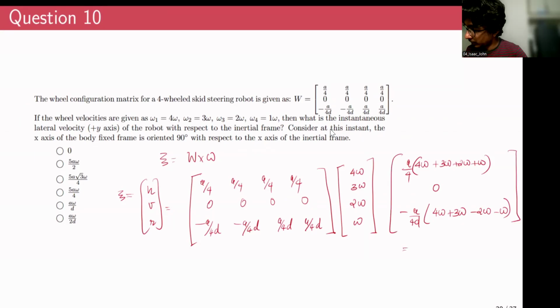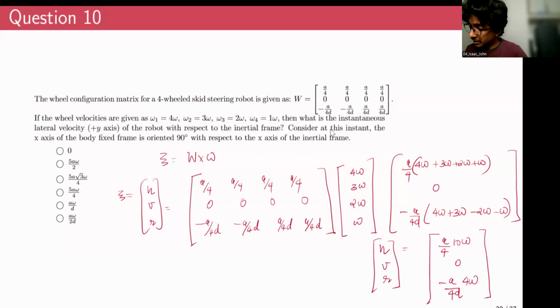And if you expand it out, you will get a by 4 multiplied by 10 omega, 0. Then minus a by 4d multiplied by 4 omega. This is your UVR.